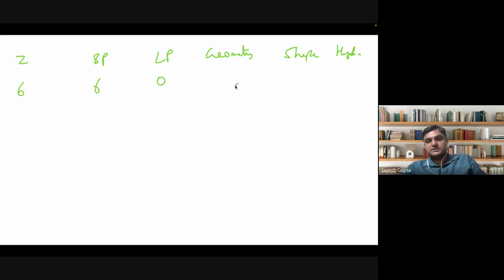Amitesh, what was the geometry with Z equal to 6? So octahedral. Very good. So geometry will be octahedral, and since there is no lone pair, the shape will also be octahedral. Hybridization will be sp3d2.